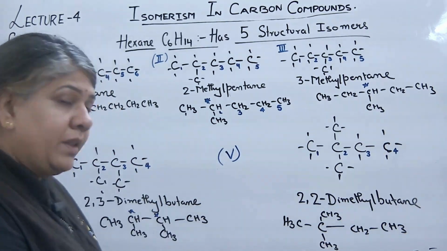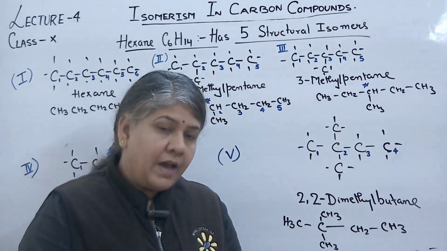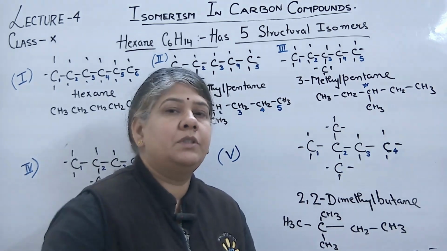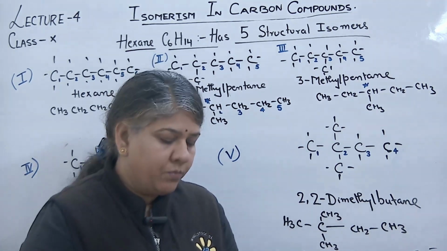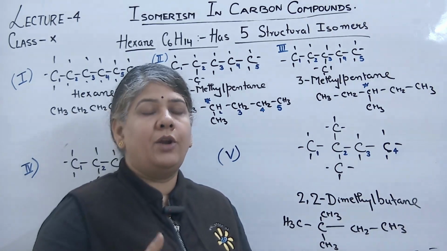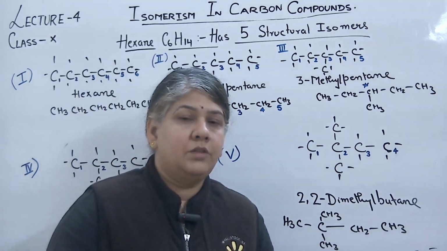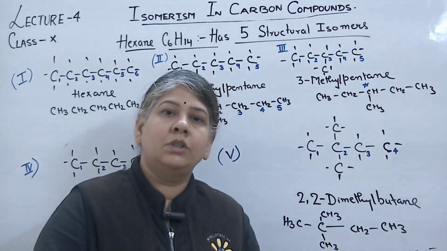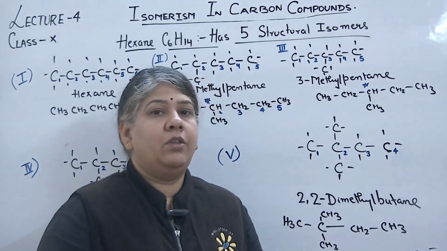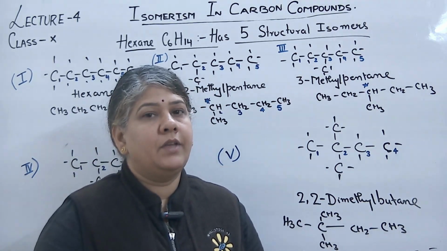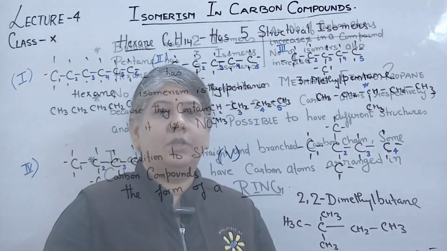So one thing you must notice, as the number of carbons are increasing, like we move from butane to pentane to hexane, the number of isomers also increase. In butane you get 2 isomers, then in pentane you get 3 isomers, and in hexane you get 5 isomers.